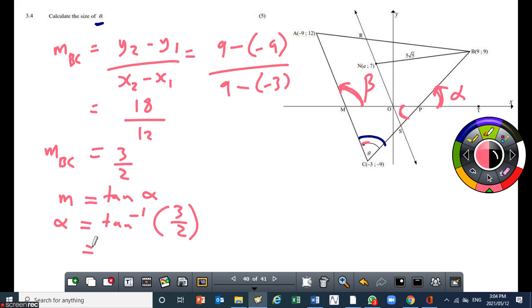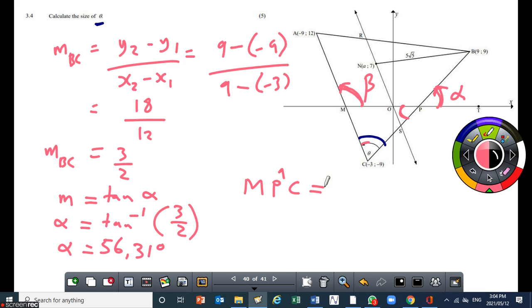What is shift tan of 3 over 2? 56,31 degrees. So that's what.